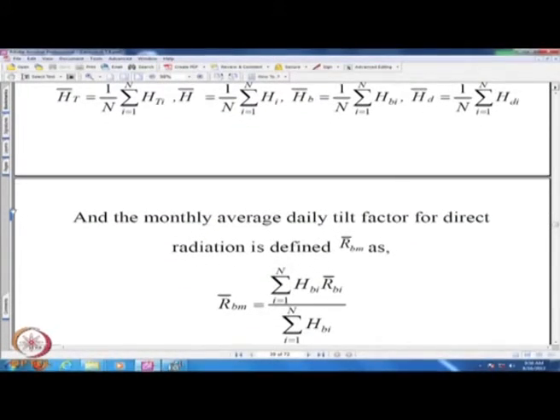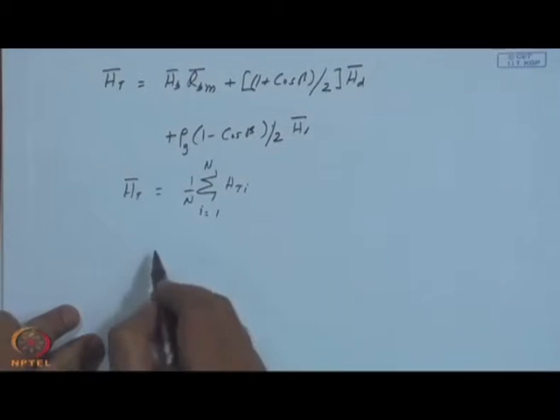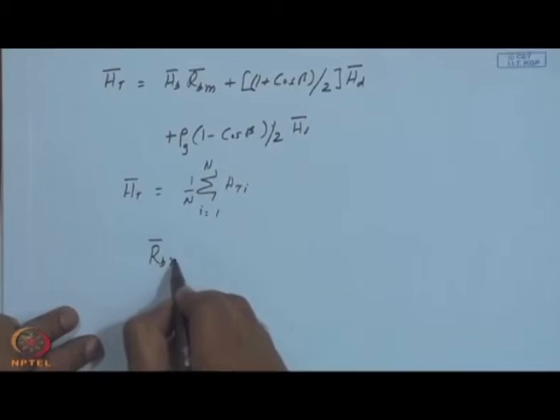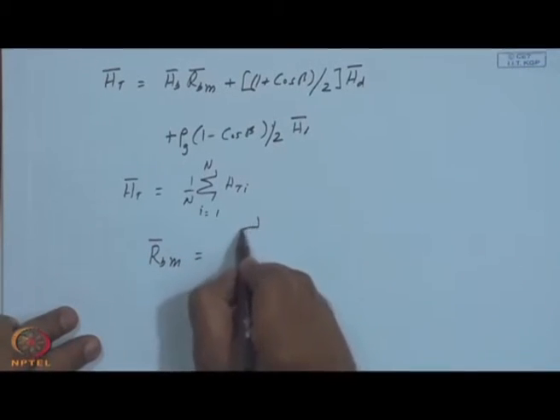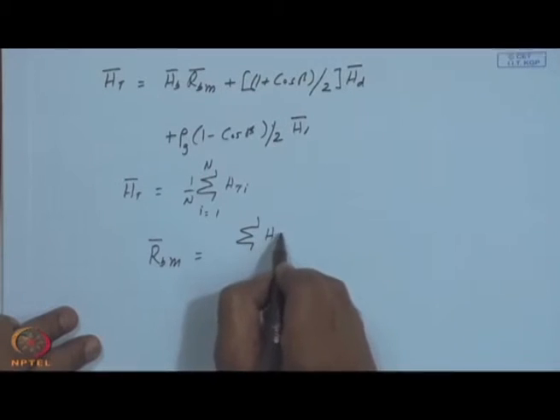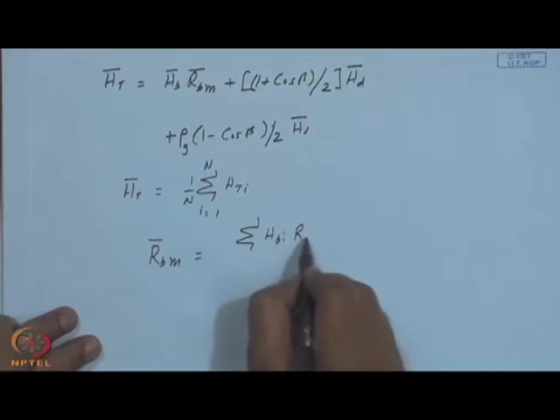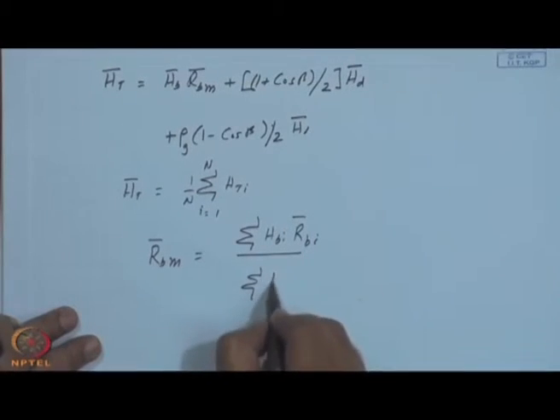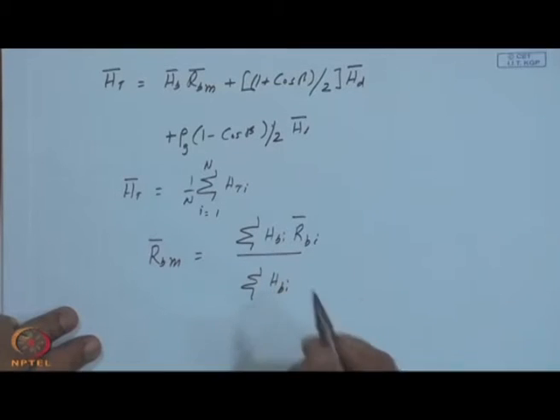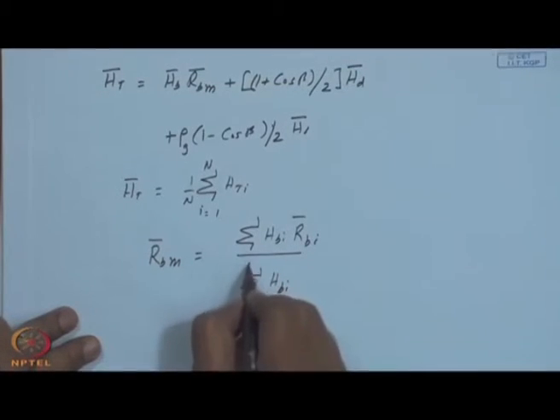So, consequently, we define the monthly average tilt factor, indicated by R_B bar m, should be a weighted average of all the day values of the direct radiation by the total for the month of the direct radiation, i equal to 1 to n.